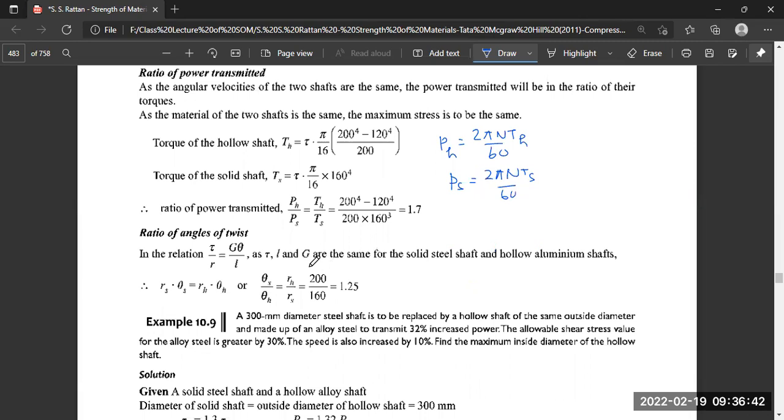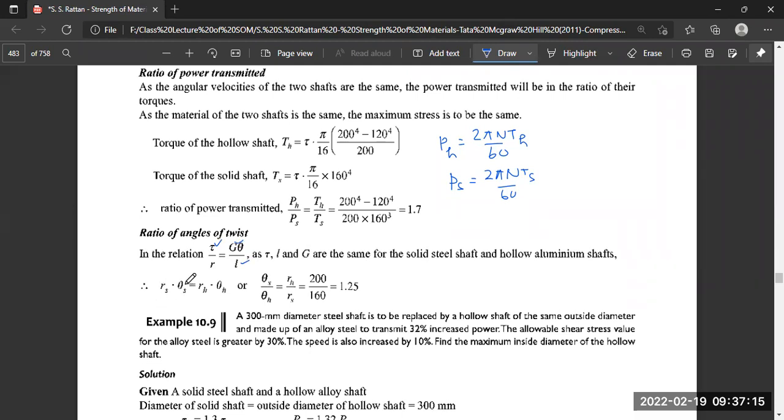As they are of the same material, the maximum shear stress and the modulus of rigidity are same, and they are told to be of the same length. So for the solid steel shaft and hollow aluminum shaft, this G, L, and tau are same. Which is not same is the radius, and the angle of twist.